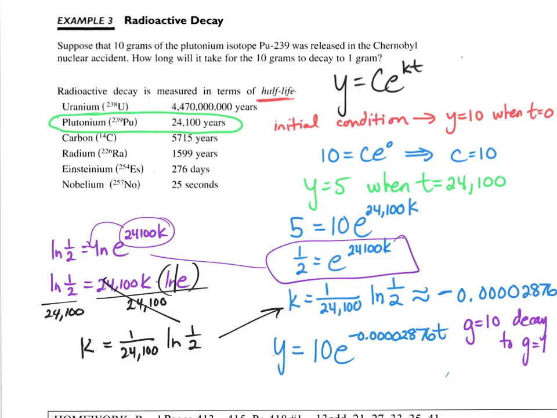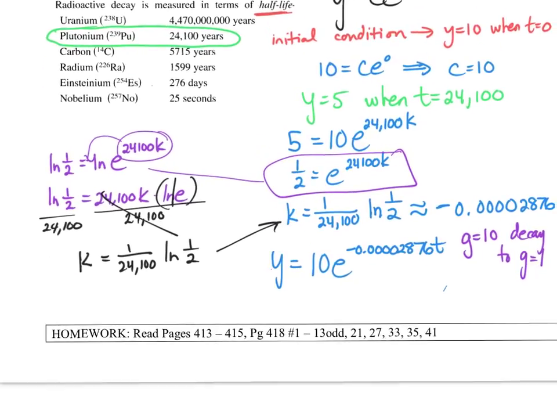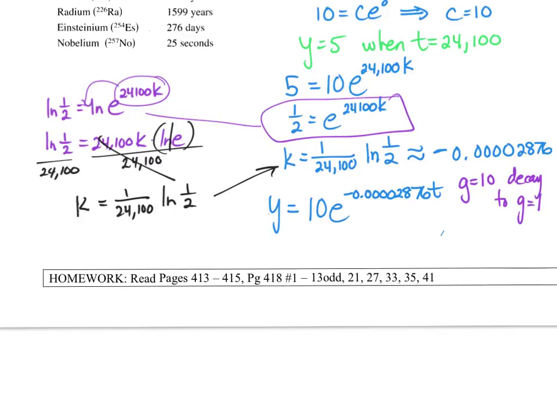So if I were to set up this equation so that I could solve for the time, because it says how long will it take for the 10 grams to decay to 1 gram, now we've written our equation in such a way that we only have that single variable. Before, we would have had too many variables. That's why we had to do the half-life and use the amount of time it took for the half-life, knowing that we started with 10 grams, that half of that would be 5 grams. We had to do all of that so that we could actually get the proportionality rate of k.